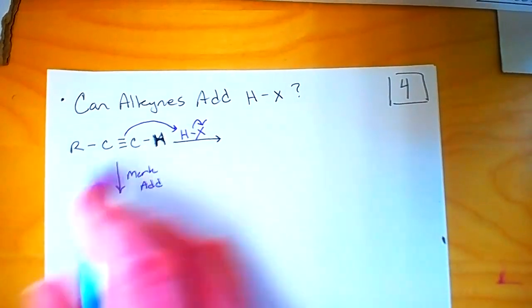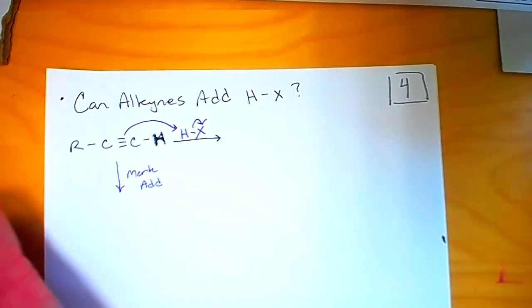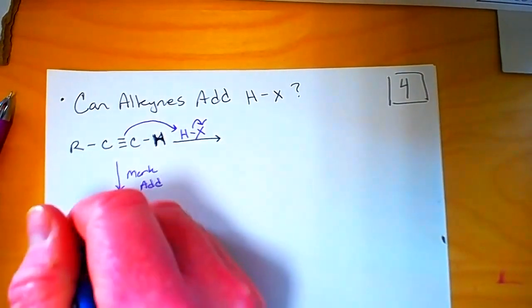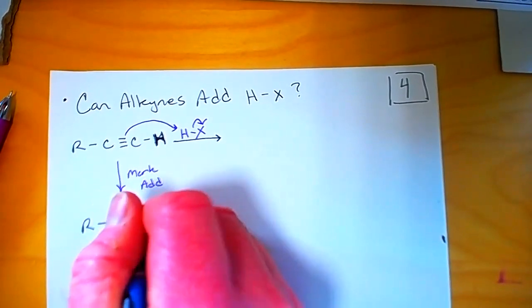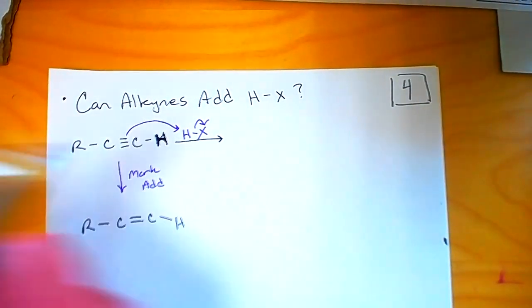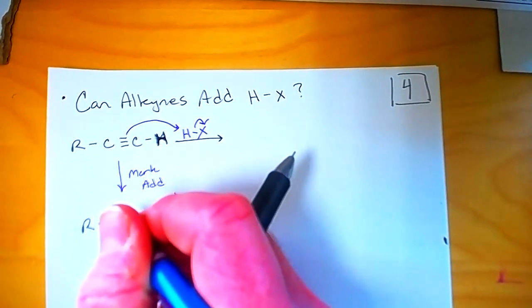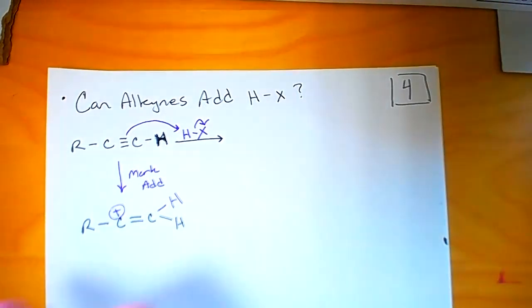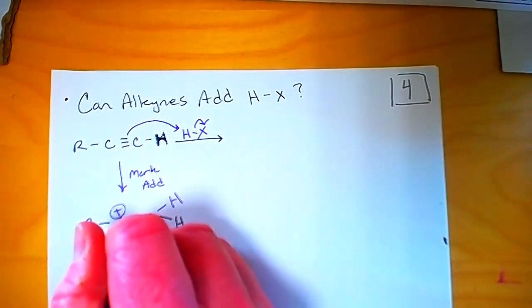So you would add hydrogen to the side that has the most number of hydrogens, which would be the right side. That would give you something that would look like this, and now there would be a positive charge here, which is, of course, where your halogen would add in.